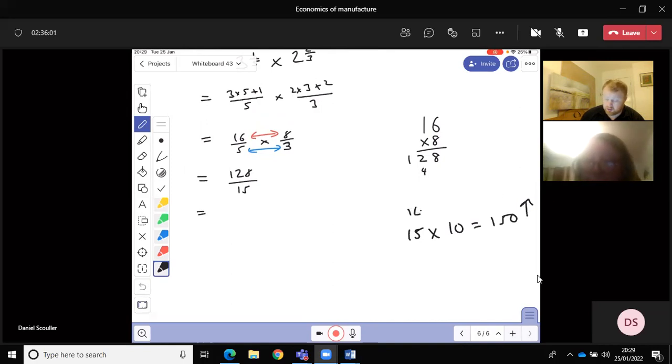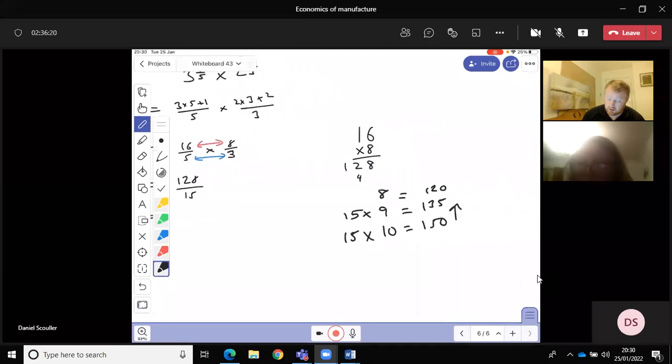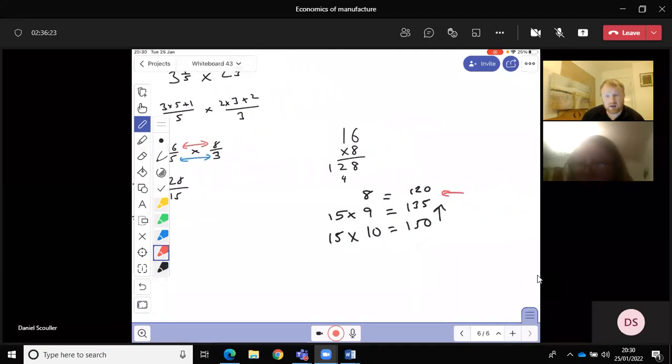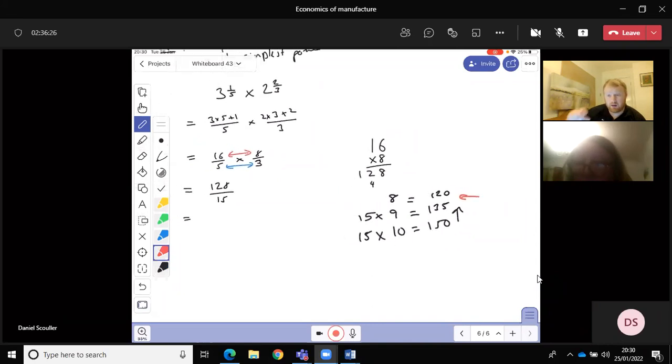So you could do 15 times 9, where you take 15 off that, so it'd be 135, and then 15 times 8 would be 120, and then you've sort of located it. So either start at 1 times 15 or start at 15 times 10. Those are your 2 milestones that you can have, so everyone's quite comfortable with that times 10.